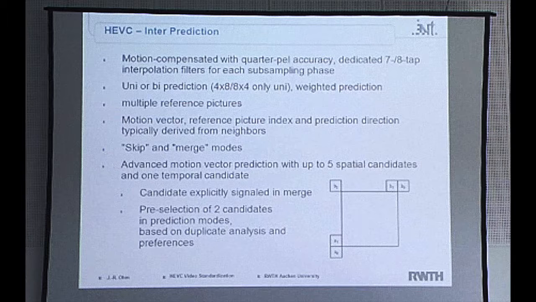There can be spatial candidates, and in addition, one temporal candidate. And if those candidates that are shown here are not existing, the list is simply filled up with other reasonable candidates from other reference pictures, etc. Very much detail, I do not want to go into too much detail. What is then sent is just the index of the candidate.